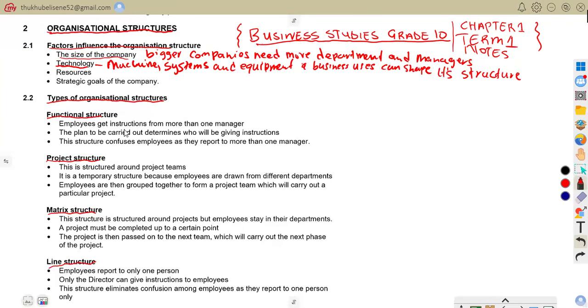Now coming to resources, another factor that influences organizational structure.